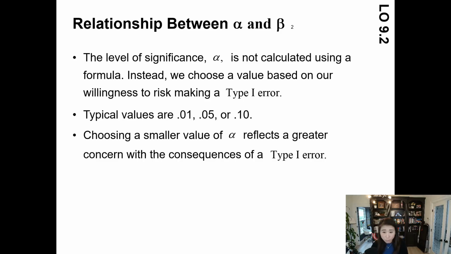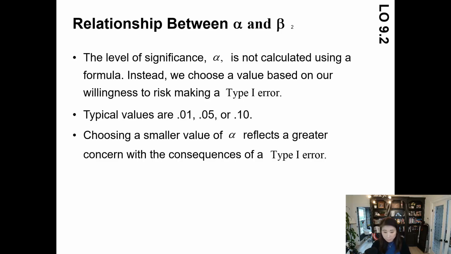But definitely don't pick any value above 0.10. When I worked in the industry, I did see some analysts choose 0.50, so that means he never took any statistics class. Since you are taking this class from me, just keep in mind the default: we usually pick 0.05 in between, but it's also very common to see 0.01 and 0.10. Again, choosing a smaller alpha reflects a greater concern with the consequence of the type 1 error.